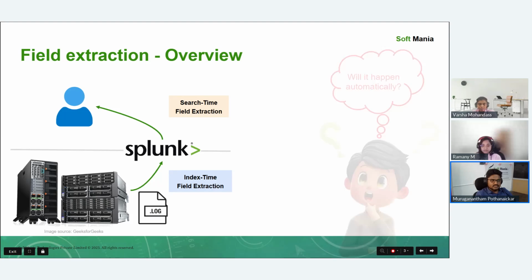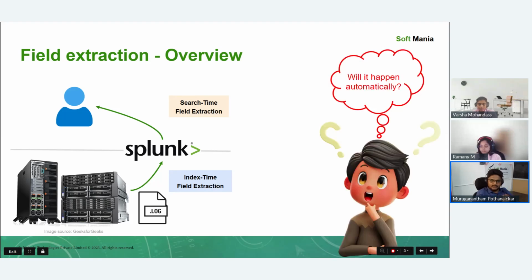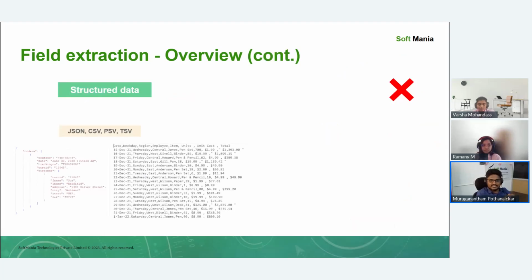Now, in this process, will it happen automatically? That depends, right? Whether the field extraction will happen automatically or manually depends on what condition? If it is structured data, meaning JSON, CSV, PSV, TSV, right? These all have some proper structure.